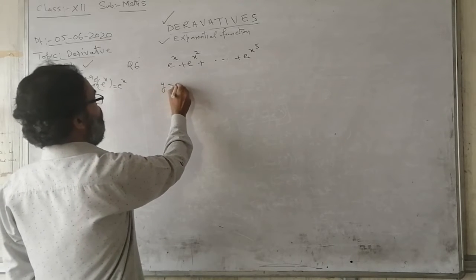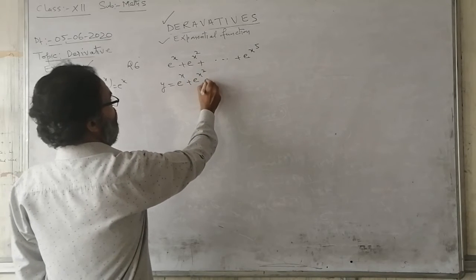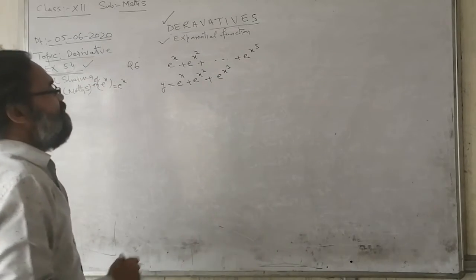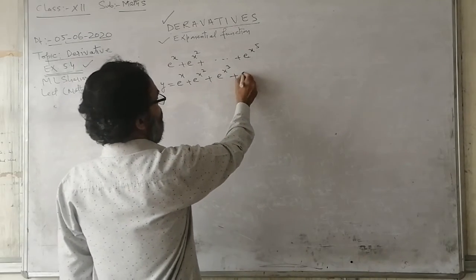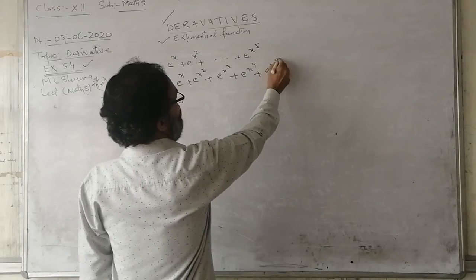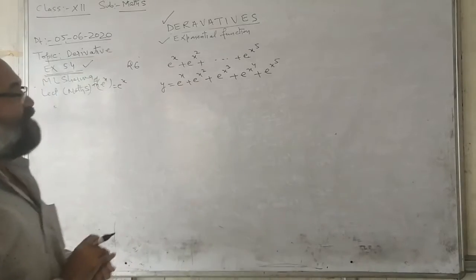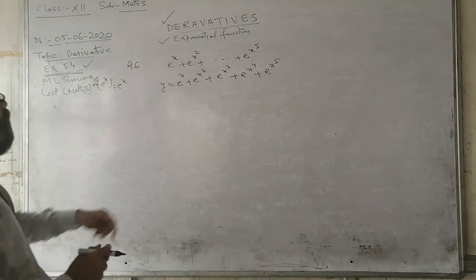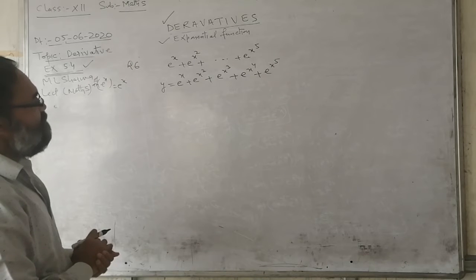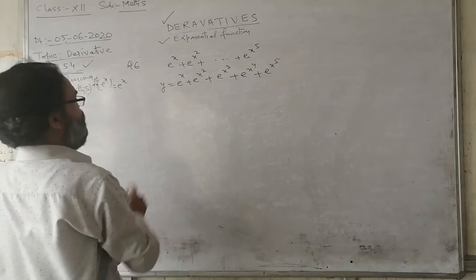So let y equal to e to the power x, then e to the power x square. Next will be e to the power x cube. Its next term e to the power x to the power 4 and e to the power x to the power 5. So there are 1, 2, 3, 4, 5 terms. Now we have to find its derivative. So it is an exponential function, and these are the terms of the exponential function.